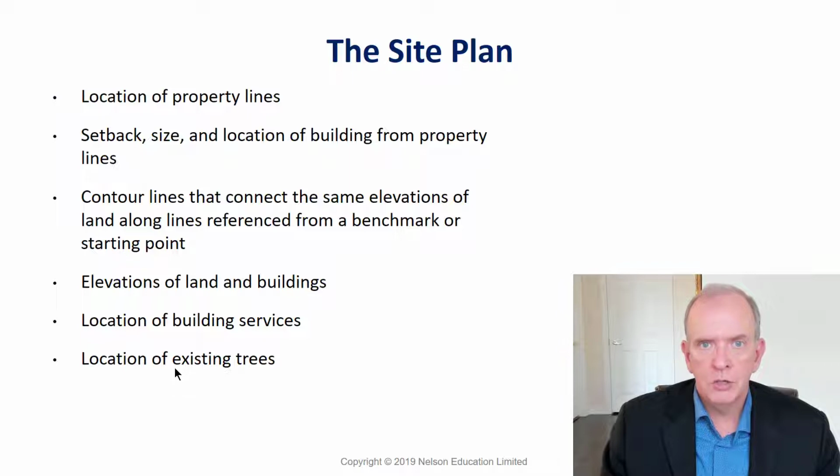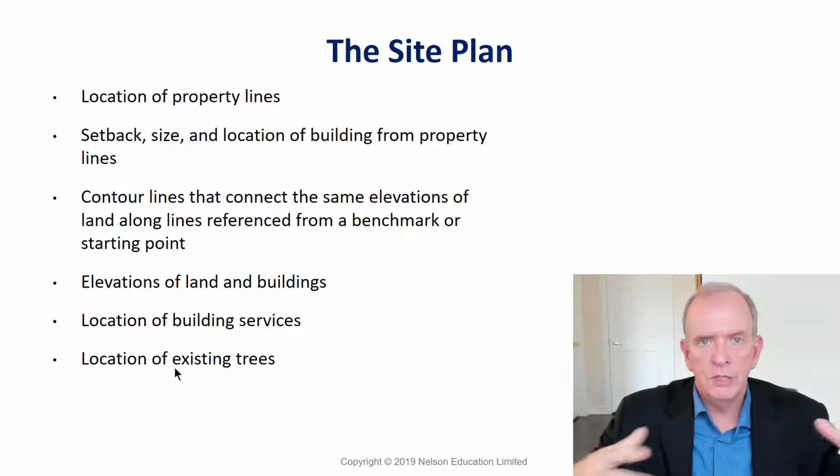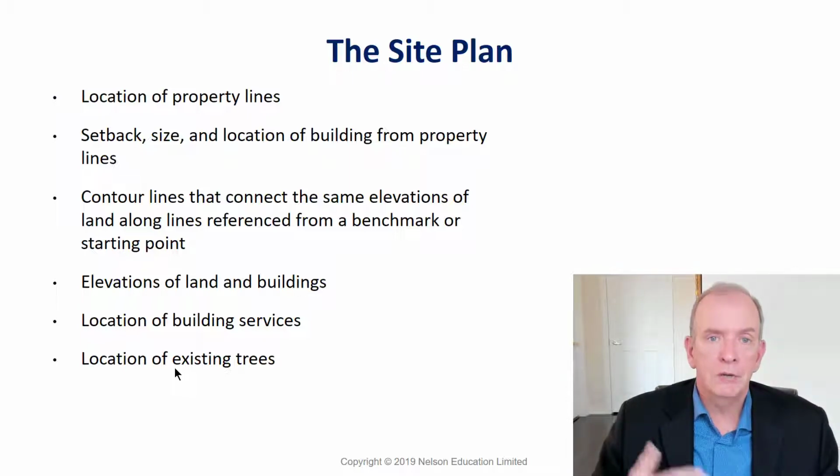But certainly in major urban centers like Toronto, you have to look at the sizes of the trees, and you have to indicate them. They will send out an arborist to check before they'll issue the building permit, to make sure that it's accurate and that the trees are going to be protected properly.